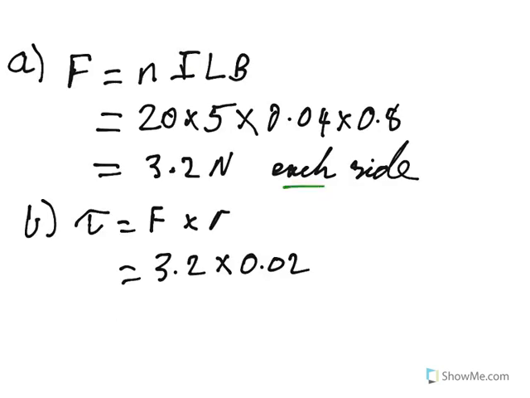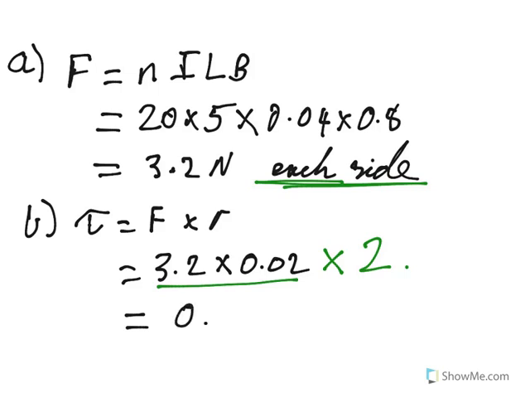And I said that here, each side. So this one here, what I've got here, that's just for one side. So because there's two sides on that coil that have a force on them, I need to then times that by 2. So that then takes into account each side. And when I do that and multiply that on my calculator, I get 1.128, and the units are Newton metre.